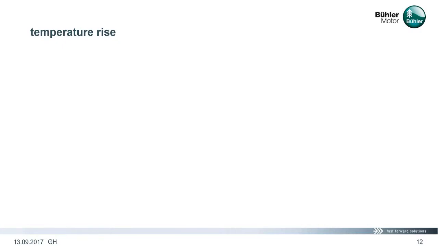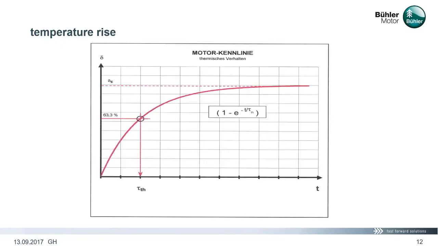The temperature rise in the motor follows an exponential function as shown here. The diagram shows time on the x-axis and temperature on the y-axis. The formula for the temperature rise is 1 minus e to the power of minus t divided by tau TH.